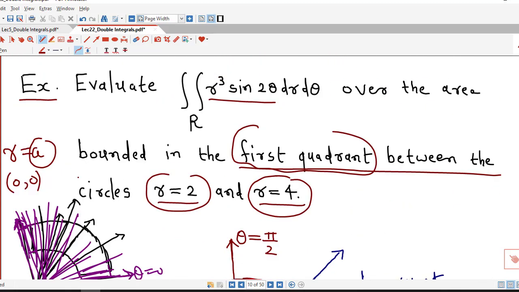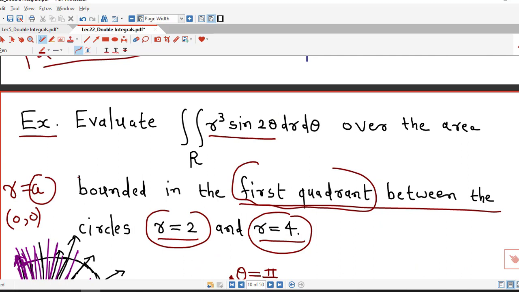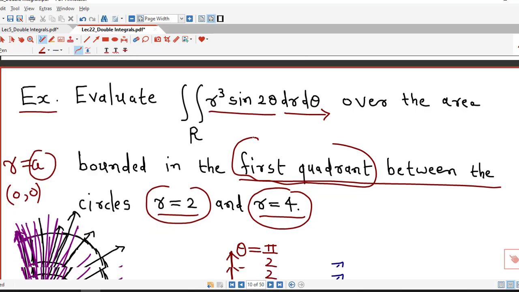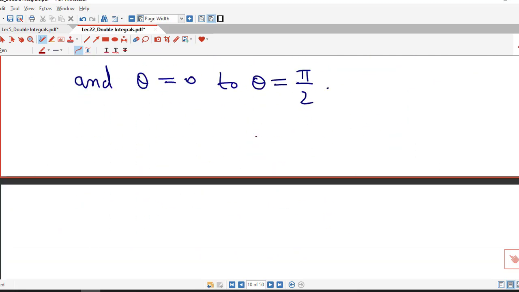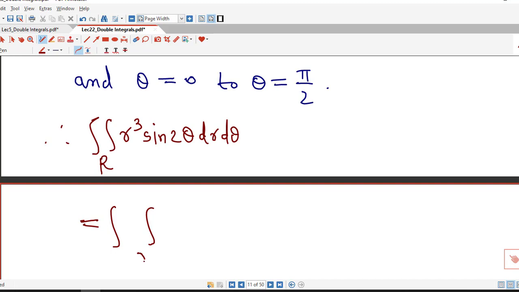Here the double integral is always in this order. It will always be first with respect to r and then with respect to theta. So our function is r cube sine 2 theta. Therefore the double integral of r cube sine 2 theta dr d theta is equal to the integral with r from 2 to 4 and theta from 0 to pi by 2 of r cube sine 2 theta dr d theta.